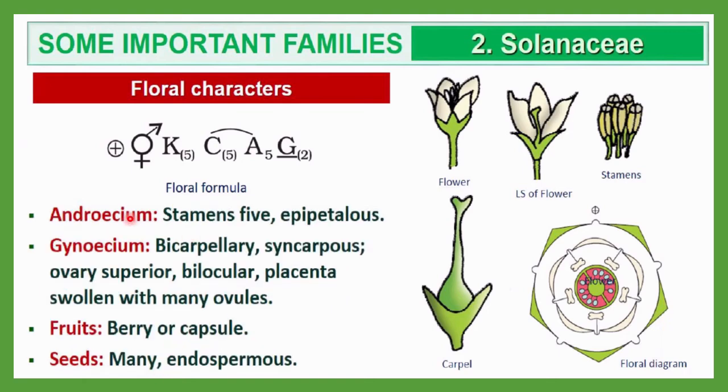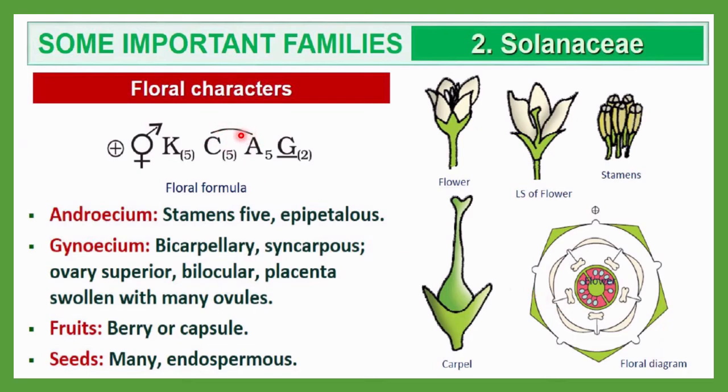Next, let me discuss androecium. Here the stamen number is 5. You can see 1, 2, 3, 4 and 5 stamens. But all stamens of the androecium are connected with the corolla. You can see here it is connected with the corolla, and that's why this link is given.